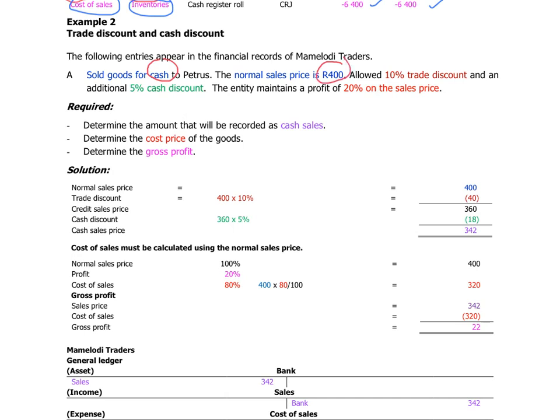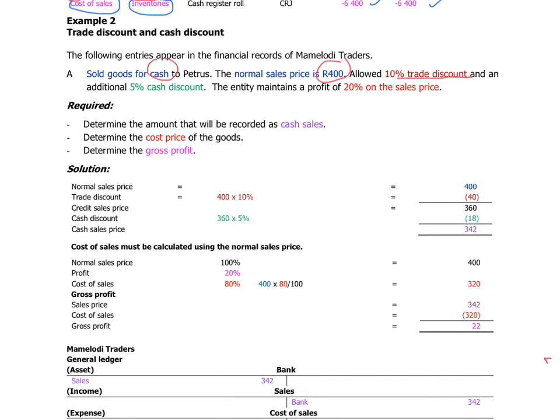And we allow 10% trade discount on the 400 Rand. And additional 5% cash discount if the goods is paid immediately. Okay, then the entity maintains a profit of 20% on sales price.